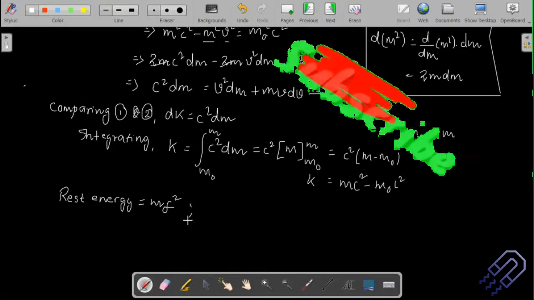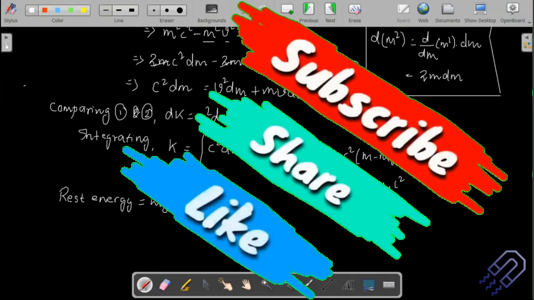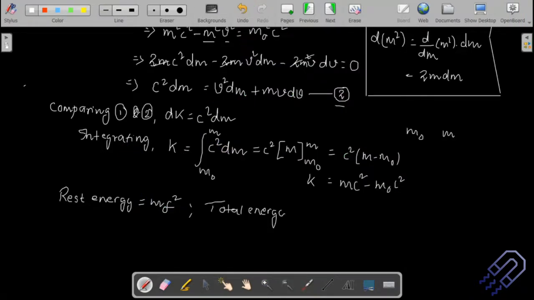And when we talk about total energy, we have it as kinetic energy plus potential energy, and this rest energy is actually nothing but potential energy. So that means if I want to find out the total energy, let's represent it as E. E is equal to kinetic energy.